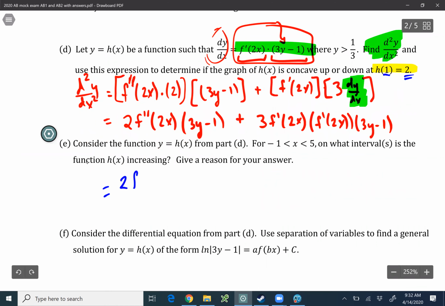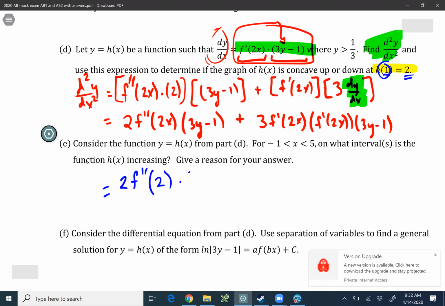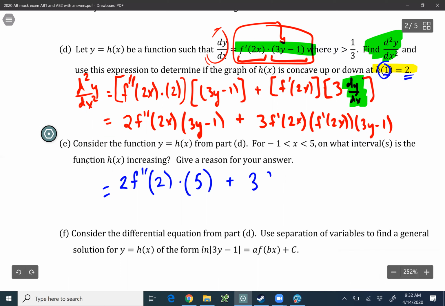That becomes 2 f double prime of 2 times 1 is 2, times 3 times 2 is 6, 6 minus 1 gives us 5, plus 3 f prime of 2 times 1 again gives us 2, times another f prime of 2, times 3 times 2 gave us 6, minus 1 was 5.